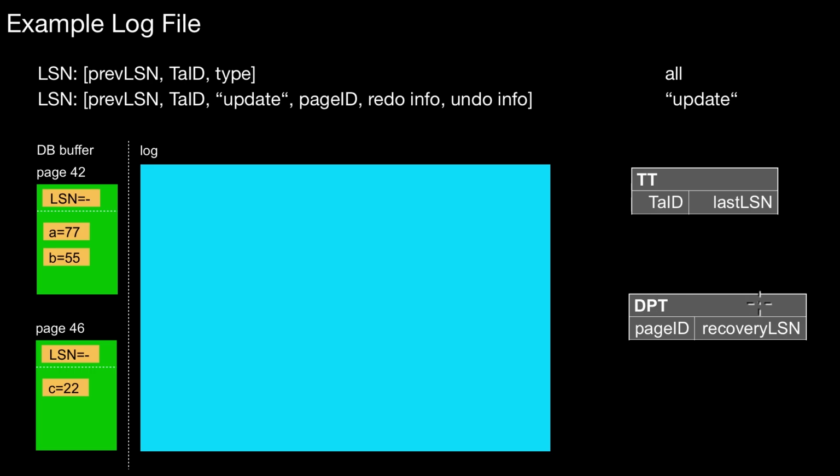And we have an initial situation on our database pages. We have 2 pages, page 42, with these values: A is set to 77, B to 55, and so forth. Here's another page, 46. What you see here is a header. We already used that previously, when I introduced slotted pages, I said there's some metadata stored here.